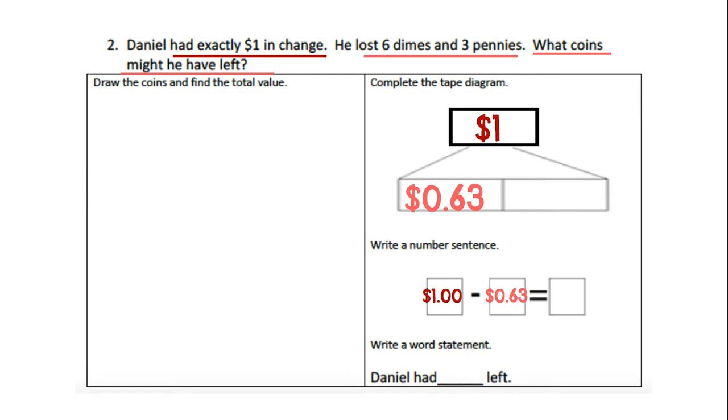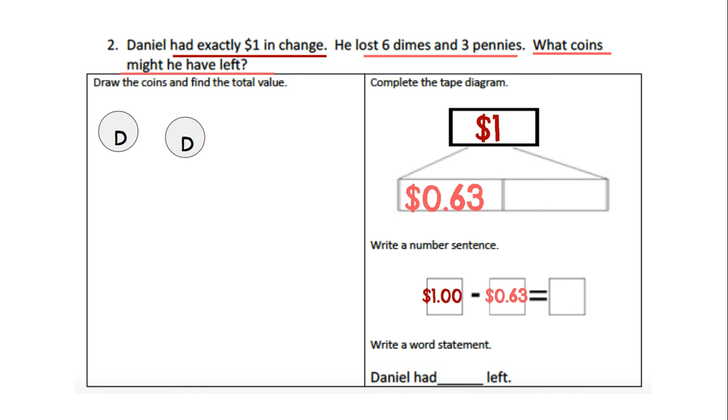So, what coins might he have? Let's see. I'm going to start by adding on 10 at a time. I'm going to count on and think addition. 63 plus something is going to give me that 100 or that $1. So 63 plus 1 dime he might have. 73. I can fit another one. 83.